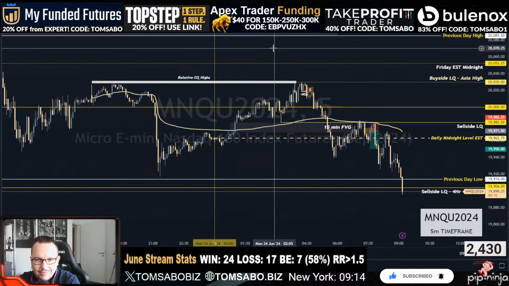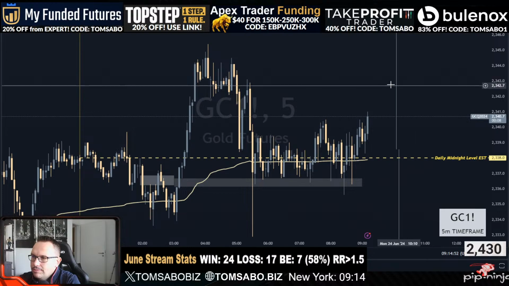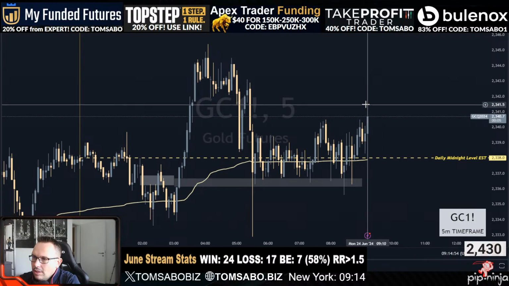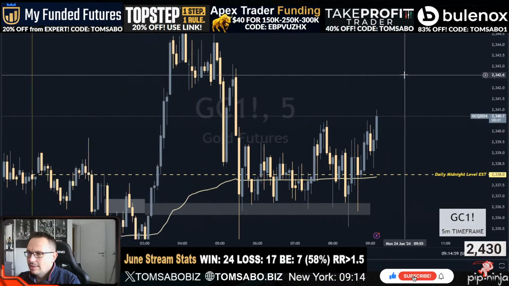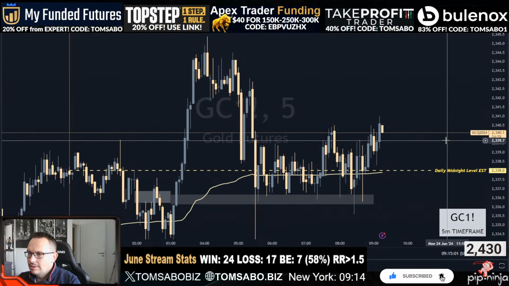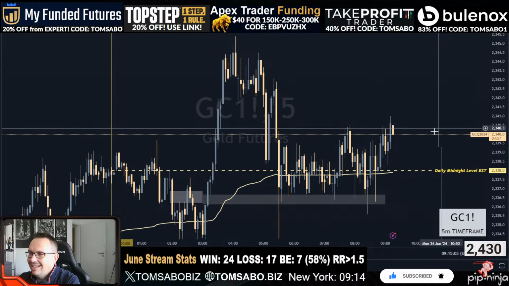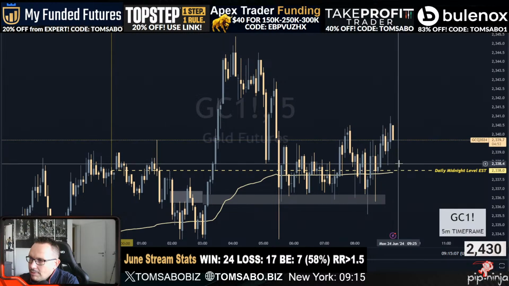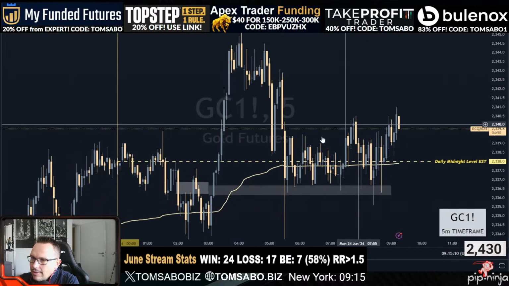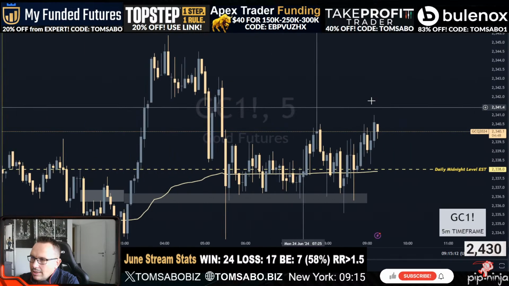Who knows? Let's see gold. Gold could be another interesting contestant here. It just took out these relative equal highs, closed higher, repricing this level again. This is a bearish order block.